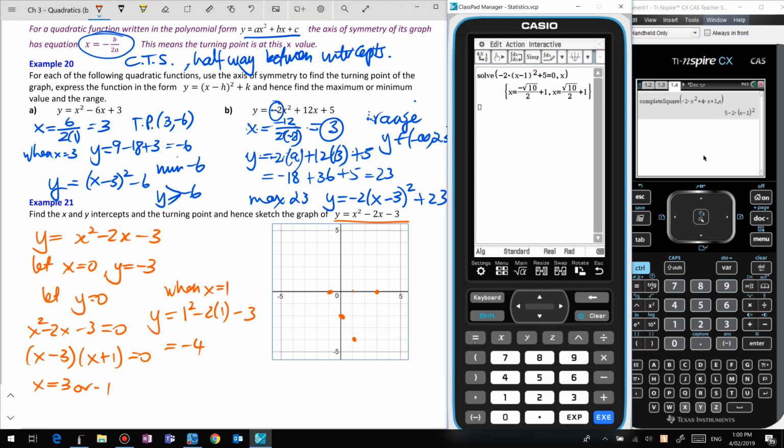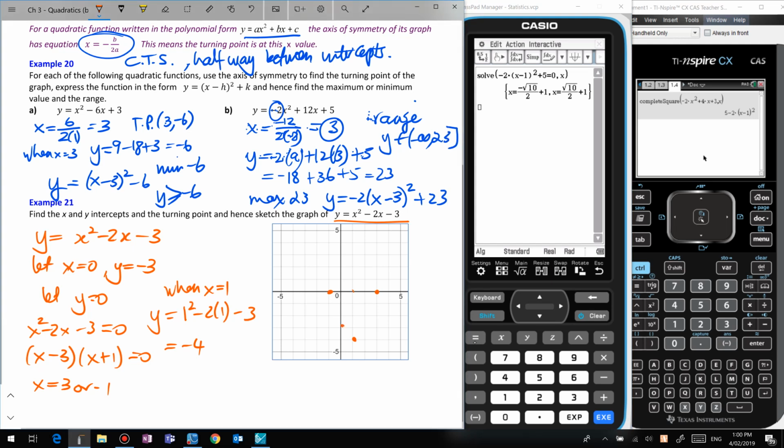No, my y-intercept's negative 3. Look, it doesn't look right. Oh, neither does that. Okay, so we've got negative 1, 0, 3, 0, 0, negative 3, 1, negative 4. And that's our graph.